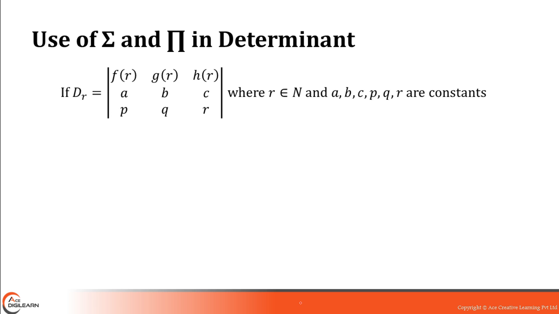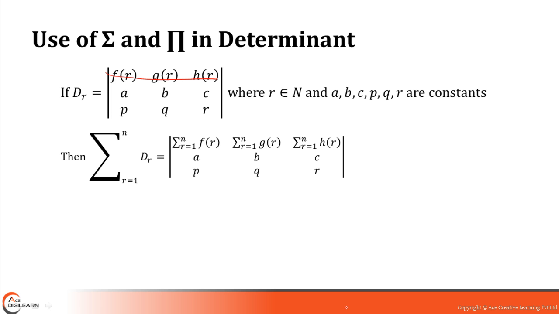Let us consider a determinant named delta r of order 3 by 3, which includes the first row elements in terms of r and the next two rows contain constants. Then sigma of delta r can be taken as sigma r equals 1 to n f of r, sigma r equals 1 to n g of r, sigma r equals 1 to n h of r, keeping the other two rows unchanged.